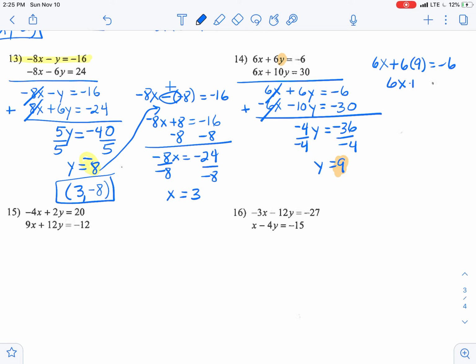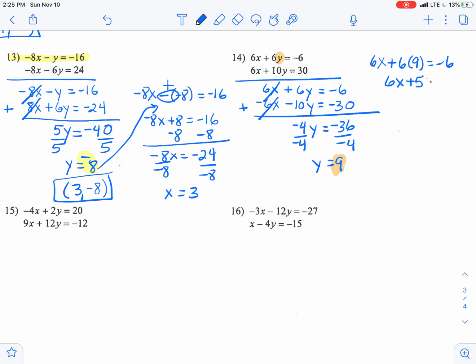So 6x plus, what is that? 6 times 9 is 54. I'm going to move the 54 over. That would be a negative 60. Divide. So x equals a negative 10. So again, my answer would be a negative 10, 9.